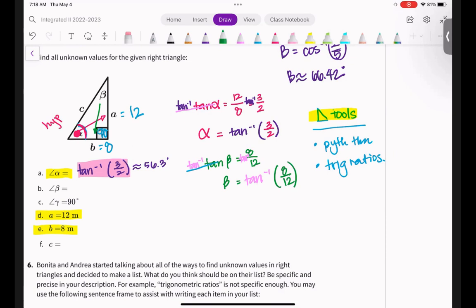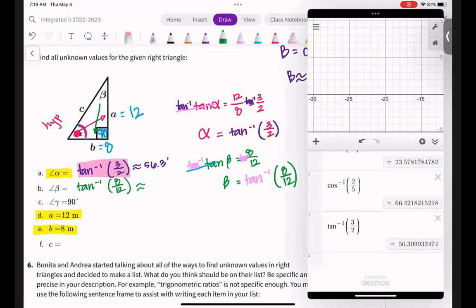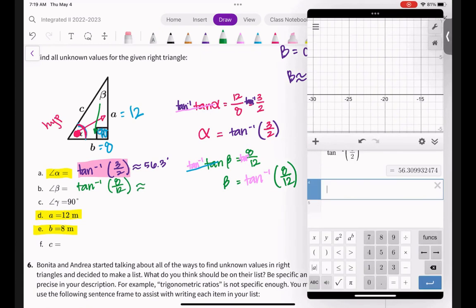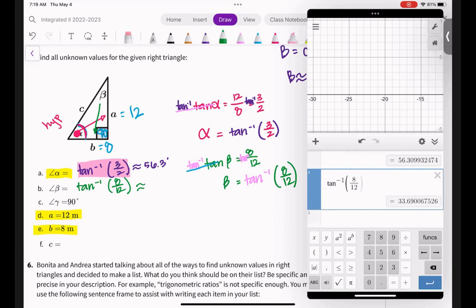And that's going to be your answer. So the exact answer for this is going to be tan inverse of 8 over 12, which is approximately 33.7.